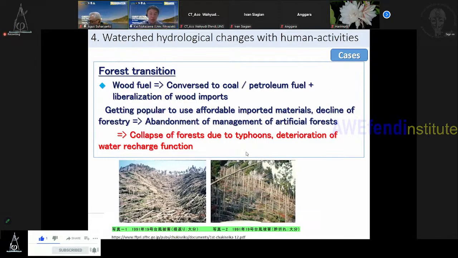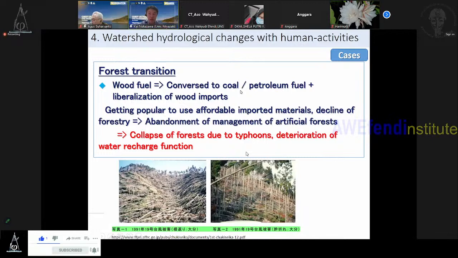But unfortunately, the artificial forest has some problems. The trees or wood were used as fuel material, but the source of fuel shifted to coal or petroleum fuel.